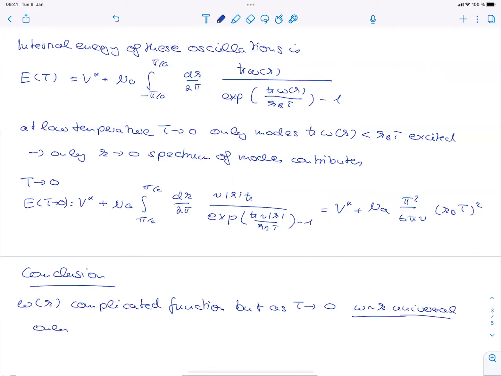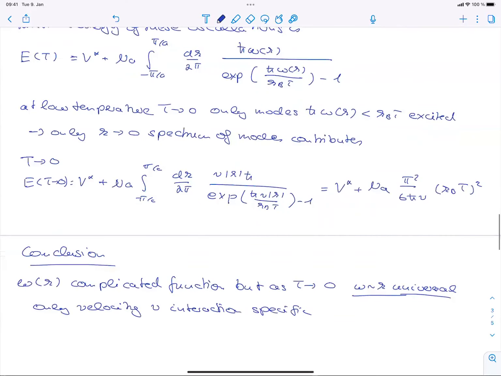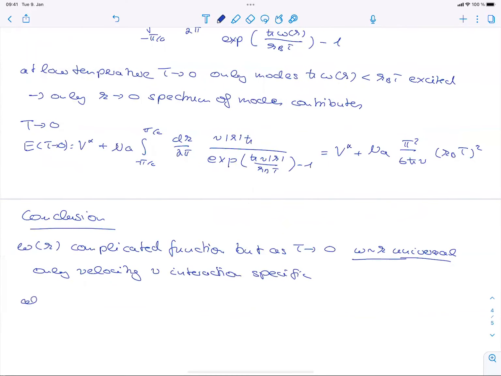And only the velocity v is interaction specific. And also the heat capacity, C of T, which is defined as dE over dT, scales linearly with temperature, has a universal scaling.